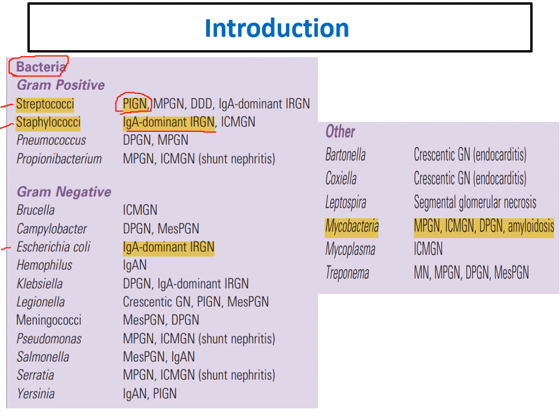E. coli can cause an IgA-dominant infection-related glomerulonephritis, and mycobacterium can cause membranoproliferative or immune complex-mediated glomerulonephritis, diffuse proliferative, and of course, following long-term mycobacterial infection, it can cause secondary amyloidosis.